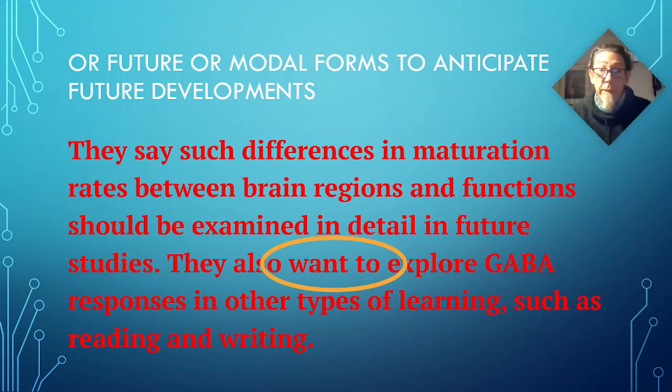So this one says that such differences in maturation rates between brain regions and functions should be examined in detail in future studies. So they're talking about what they want to do in the future. This is normally how you would end an article so that your audience knows what to anticipate, what will go on in the future.